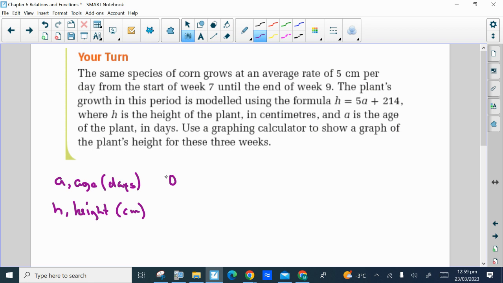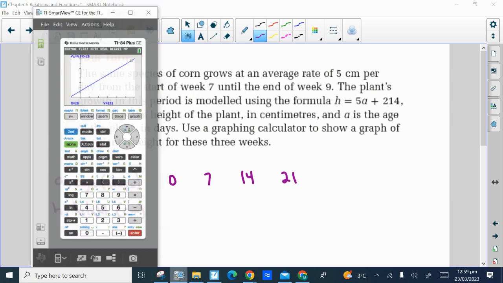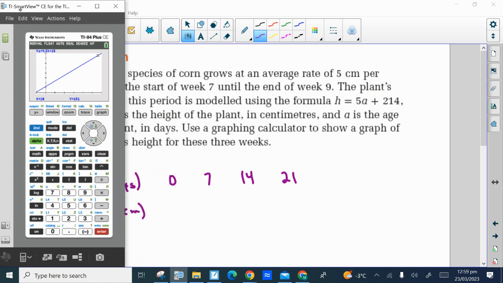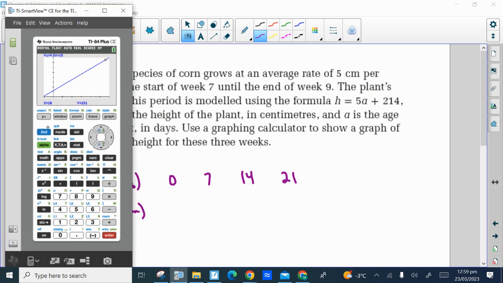So time 0 will be the start of week 7. 7 days will be the end of week 7. 14 will be the end of week 8. 21 will be the end of week 9. And we can use the equation and our calculator to determine what the heights are for those numbers of days.